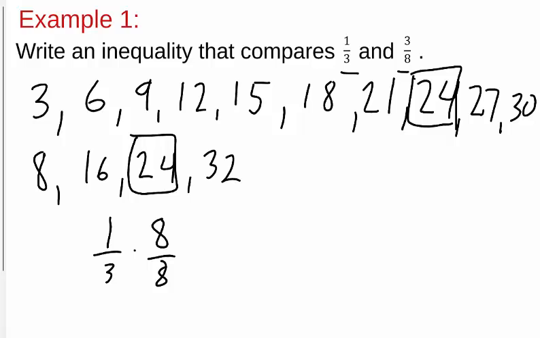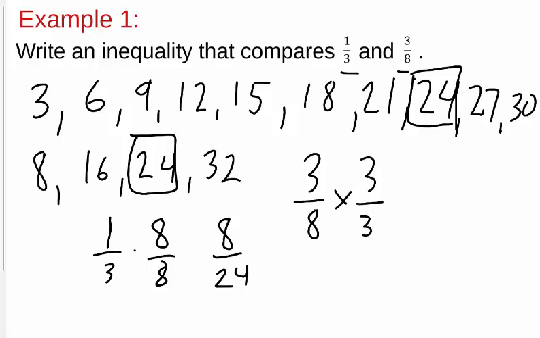But it's transforming it into 24ths, and that makes it 8 over 24. And we have 3/8. 8 times 3 is 24. So we multiply by 3 over 3. Again, a special 1. And that's equal to 9 over 24.